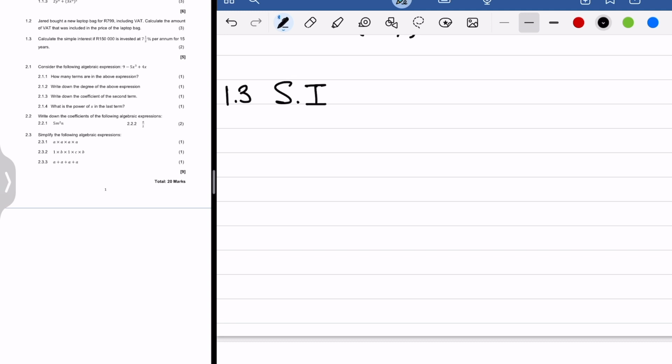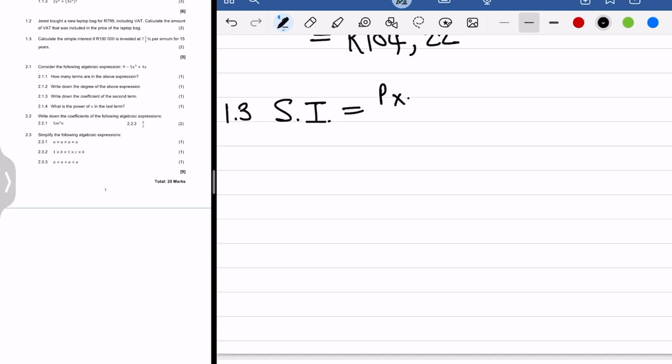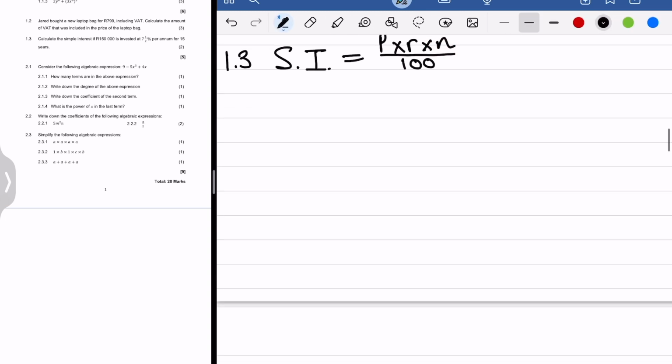So simple interest we know is equal to P times R times N divided by 100. So that's the initial or principal value, P, multiplied by the interest rate, multiplied by the number of years, all divided by 100.